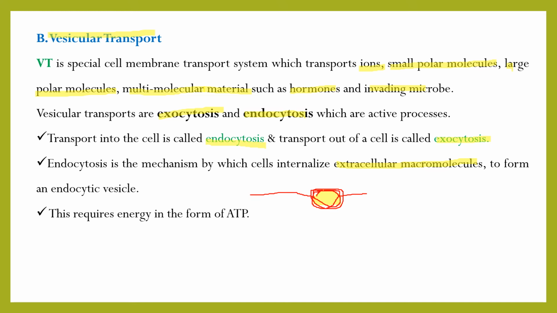This type of transport requires energy in the form of ATP, because it is active transport. As already known, active transport requires energy. So vesicular transport, especially endocytosis, requires energy in the form of ATP.